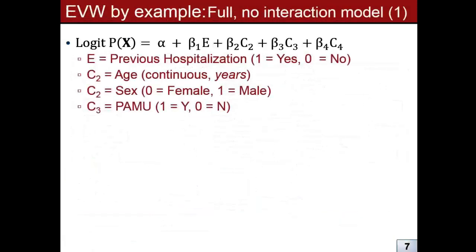Here was a model that controlled for age, sex, and previous antimicrobial use. You can look at this model and say, yes, this model has an exposure and 3 confounders because we have our 3 control variables. We're not using V's yet, but I could be writing V's here as well. We're controlling for age, sex, and PMAMU.